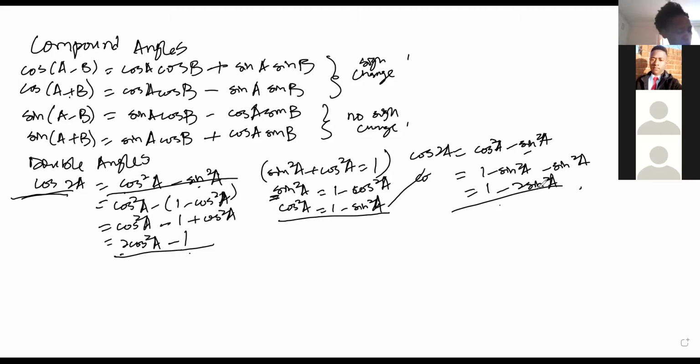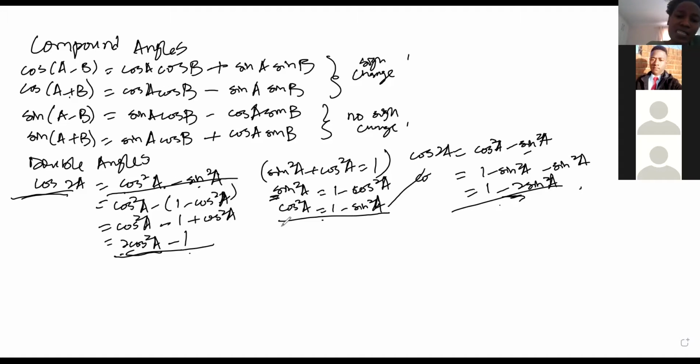And when you use this, how do you know when to use this one or that one? An advice is, if the identity you are solving contains cos 2A, it is useful to choose the option that eliminates the constant. Let's look at an example.